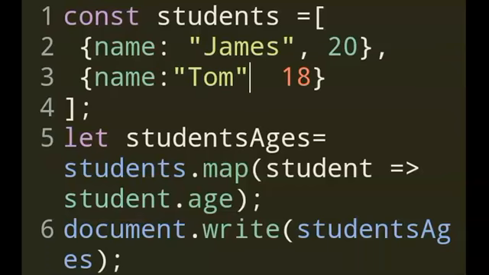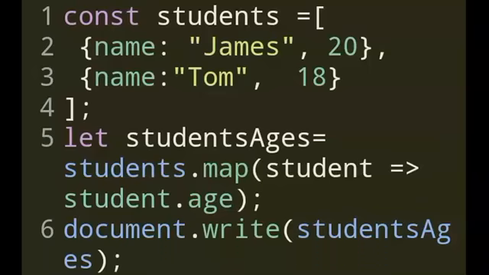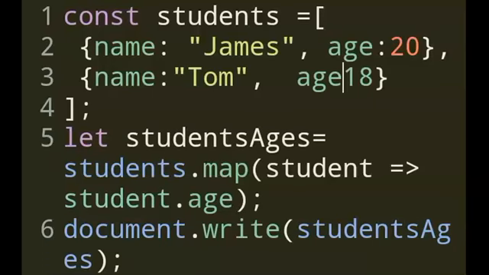Oh yes, I forgot the comma here, so sorry. Name James, 20 years. Oh yes, I forgot even to write age. I'm so sorry. Age is not defined. What is 18? I need to mention that. That's cool. Okay.